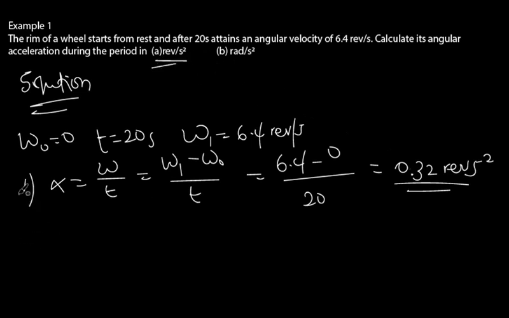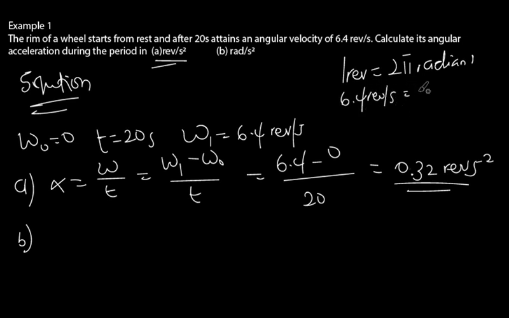Now the B part of the question is telling us to get the answer in radians per second. If you want to convert from revolutions to radians, 1 revolution is equal to 2 pi radians. In our example we have 6.4 revolutions per second, which will be equal to an unknown answer in radians per second, so we represent that with x.